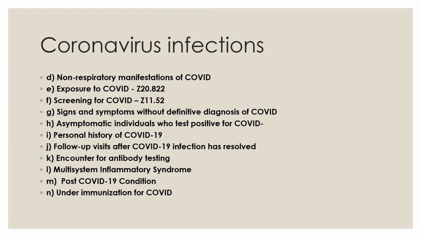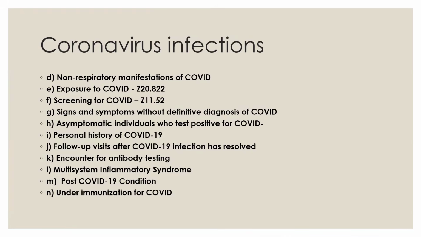If a patient has a condition associated with previous COVID and then develops a new COVID infection, you want to assign both U09.9 in conjunction with U07.1.